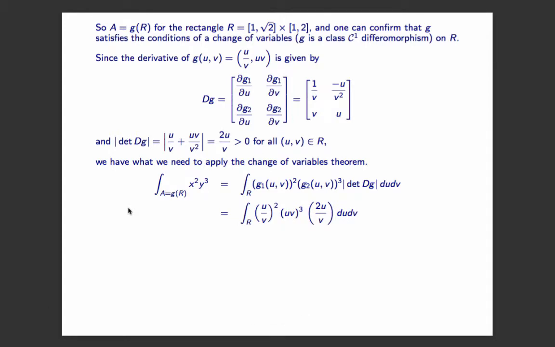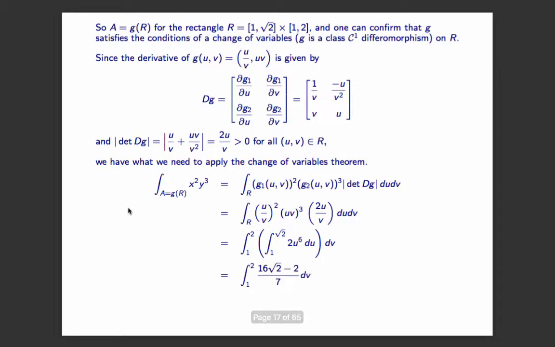The determinant of the derivative is positive in my rectangle R. G1 is u over v, so I square that. G2 is u times v, I cube that. And the determinant of the derivative is 2u over v. So that's u squared times u cubed times 2u. That's 2u to the sixth, and I have v cubed divided by v squared and divided by v. So my v's cancel.